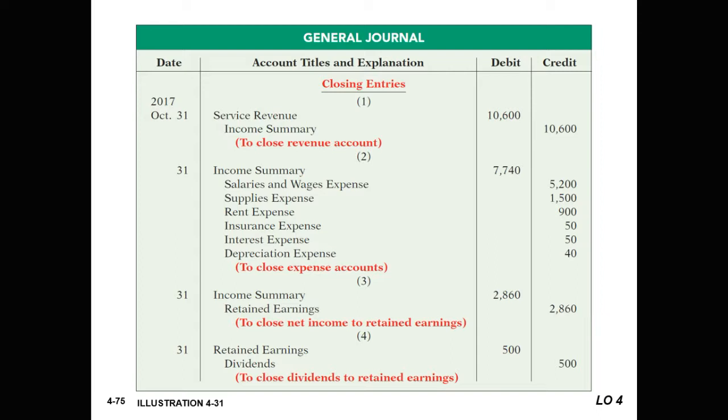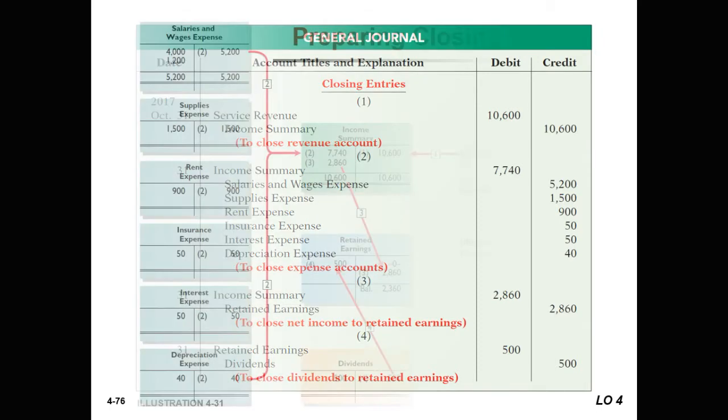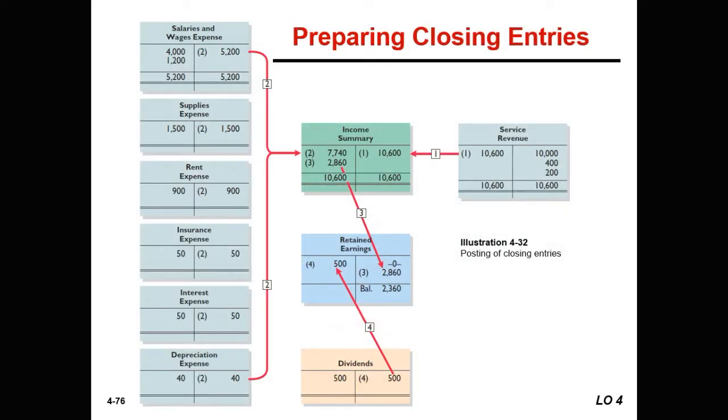And we credit that over to retained earnings. We debit retained earnings for any amounts in the dividend account and credit the dividend account. By engaging in all these entries, we'll effectively bring everything to a zero.